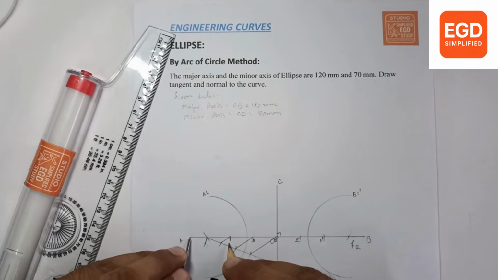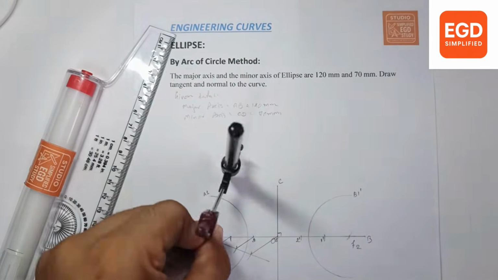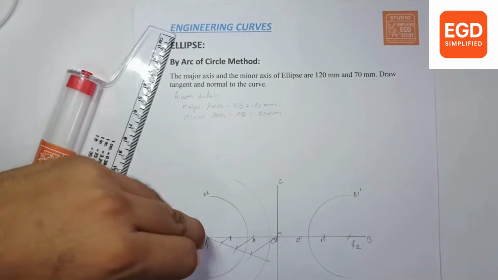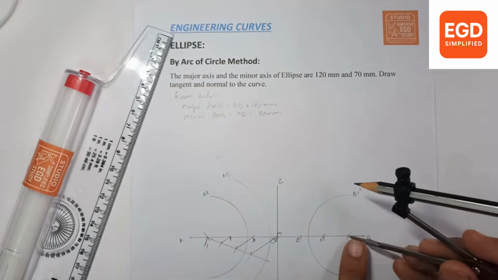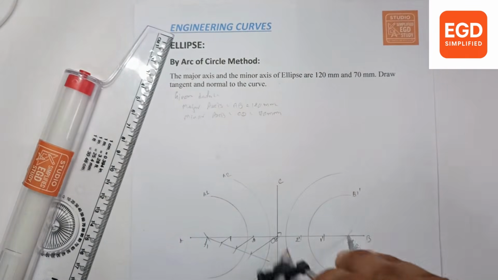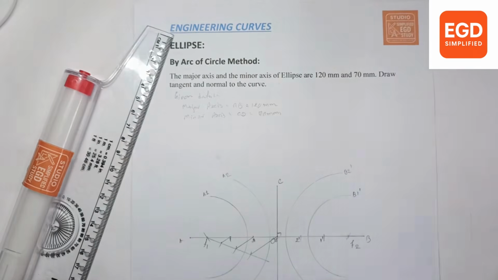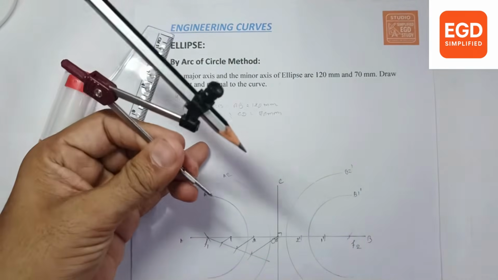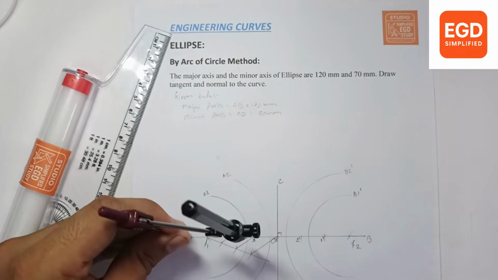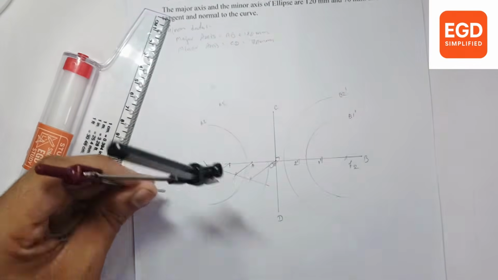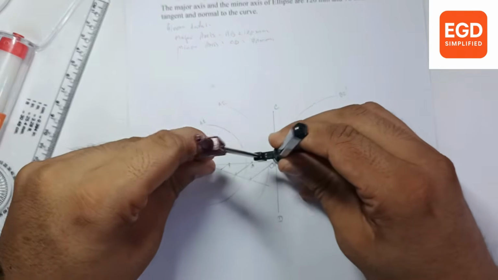Then take a measurement A to 2, put your rounder on focus, draw another arc, give the name A2. Similarly from focus F2, draw an arc, give the name B2 dash. Now take a measurement from A to 3 point.